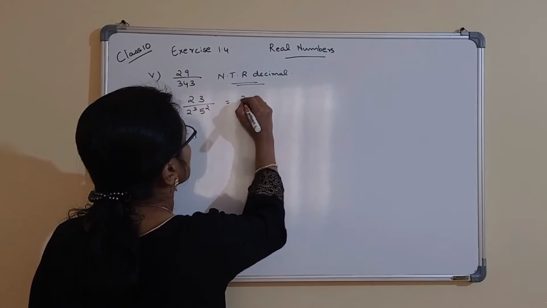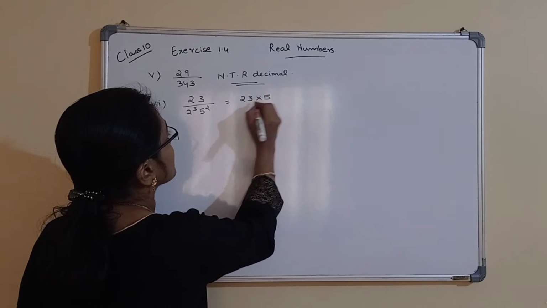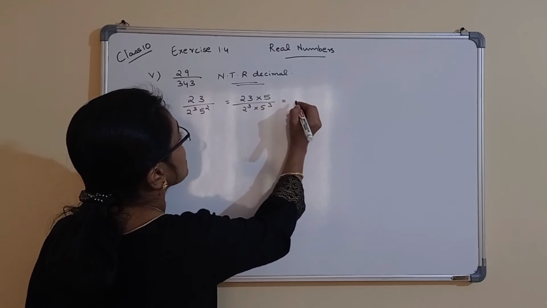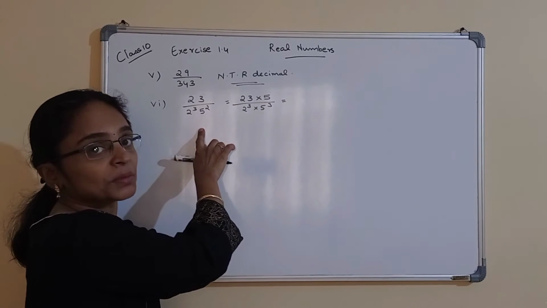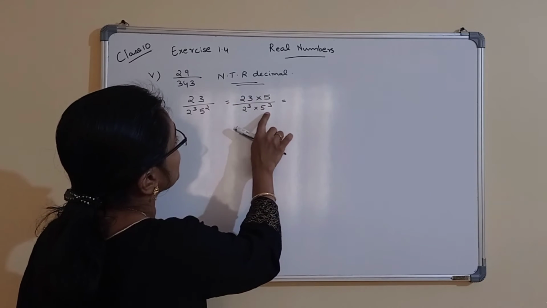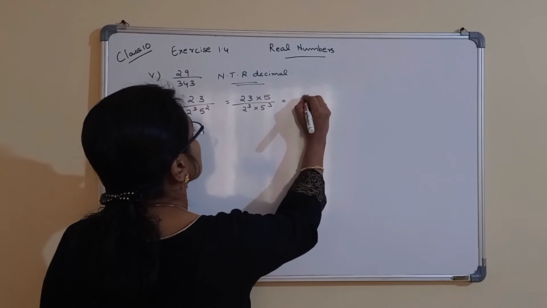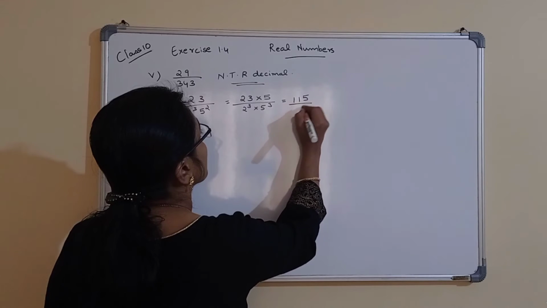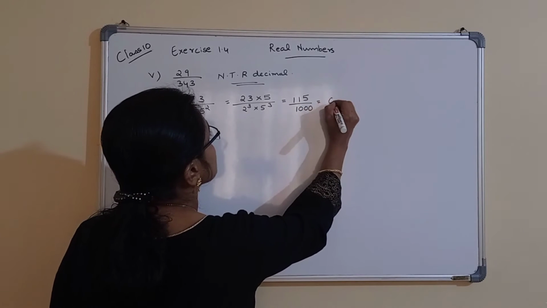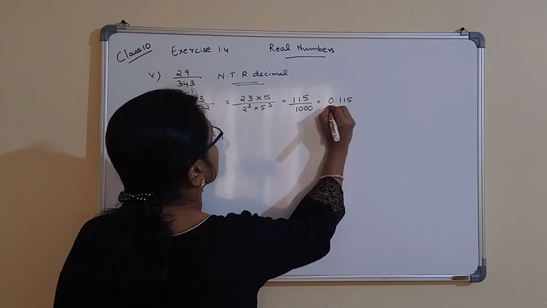So this is equal to 23 into 5 by 2 cubed into 5 cubed, which is a terminating decimal. So we have to find the answer also. 23 into 5 by 2 cubed into 5 cubed is 115 by 1000, and that is equal to 0.115.